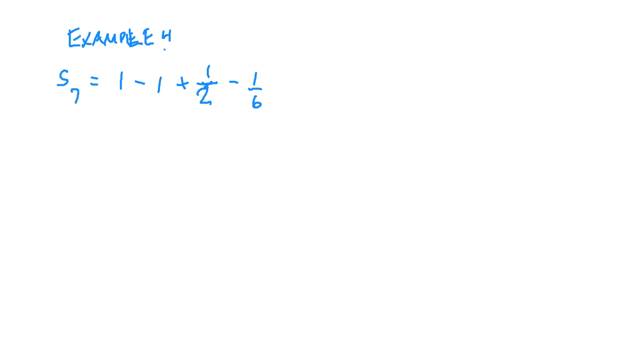So we have 1 minus 1 plus a half minus a 6th plus a 24th minus 1 over 120 plus 1 over 720 minus 1 over 5040. Okay, and that's the 7th partial sum, but actually let me just call it the actual sum, and then add in, okay, the series keeps going.